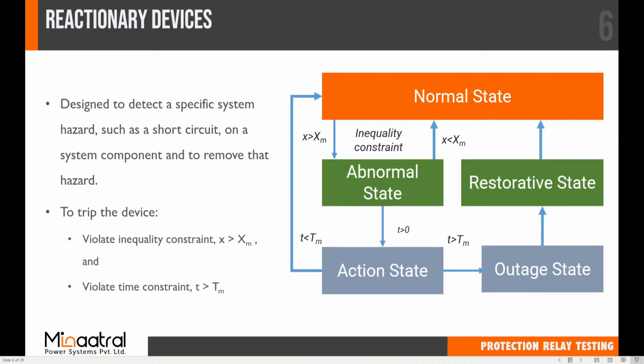And if the current is above the setting value for a particular time, then I trip. Then it results in an outage. So it's very simple. You have two constraints. One, the parameter checks whether the measured value is greater than a setting value, and if it is present for a time greater than a setting time, right? So this is very simple, a generic way of looking at protection relays.